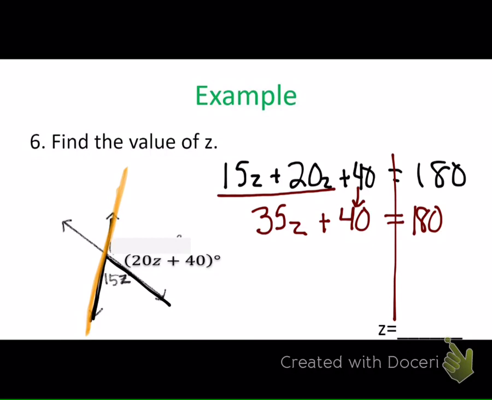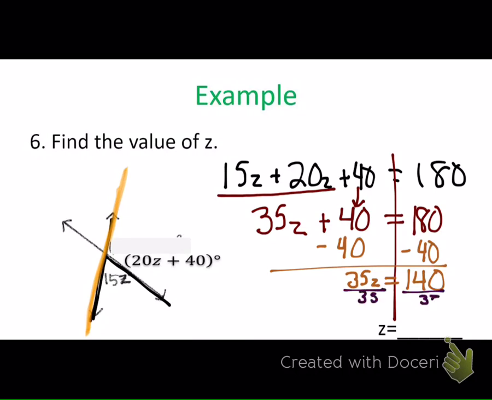Minus 40 on both sides. So 35z equals 140. Now what? Divide by 35. So z is equal to 4.